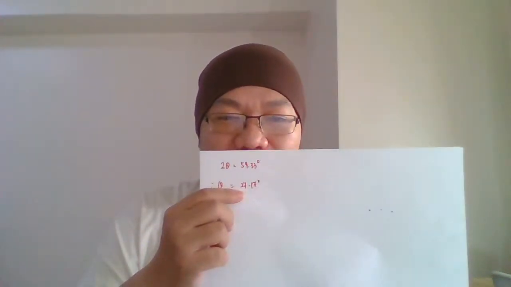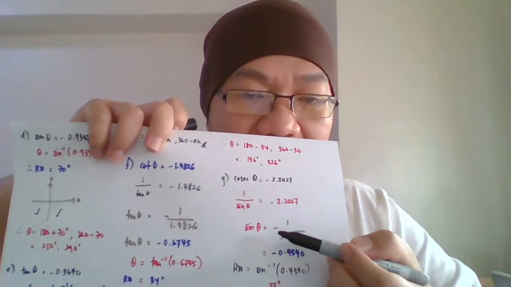But let's see what the next answer is. Alright, we do this mistake too, so that you guys can compare. Assume we are the ones who made the mistake. After we obtain this value, of course we need to sketch the graph and put a label on which quadrant. This is the original question, a negative sign.